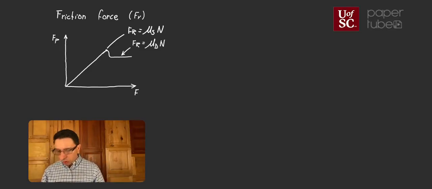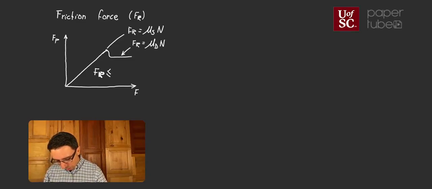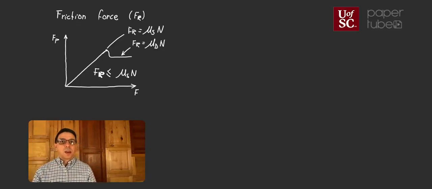And overall, in the rest of the curve, we're going to have that my friction force, capital R, is less than or equal to mu s times N. And this is the equation that we're going to be using. So we're going to recognize that the friction force can be less than that maximum point. Okay, very good.